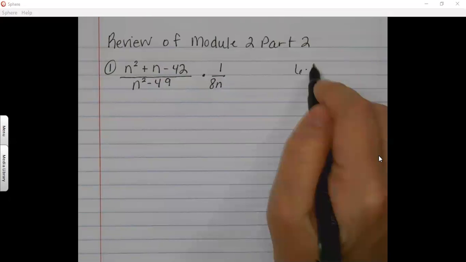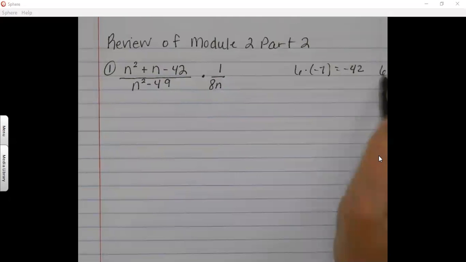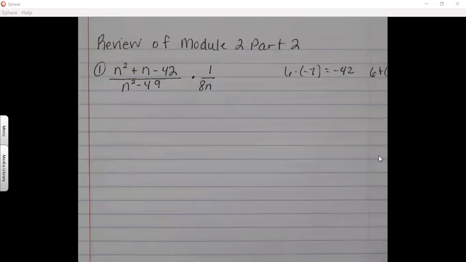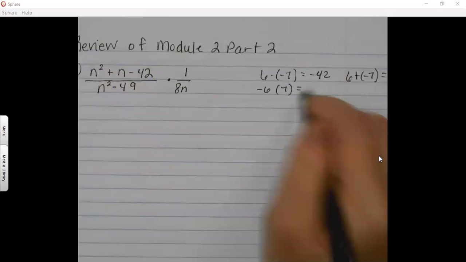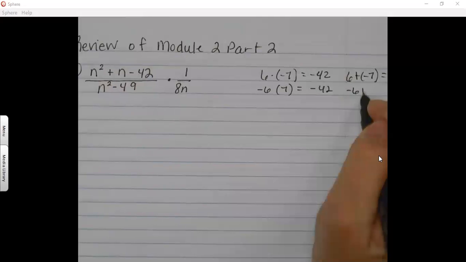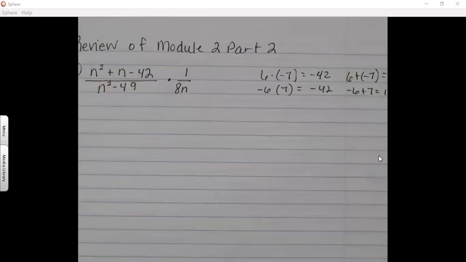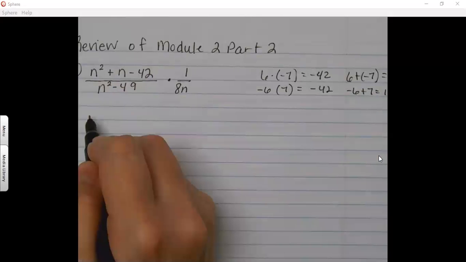We want it to be positive 1. What can we do? So negative 6 times positive 7 is negative 42. Negative 6 plus 7 is positive 1. Perfect. So we know n squared plus n minus 42 will factor into n minus 6 and n plus 7.